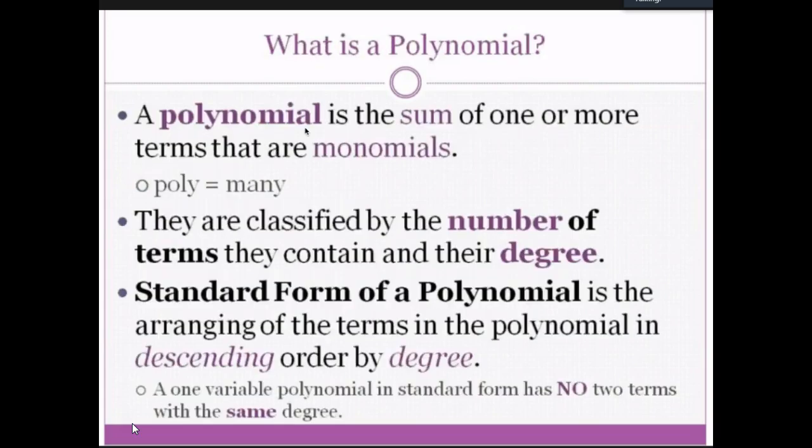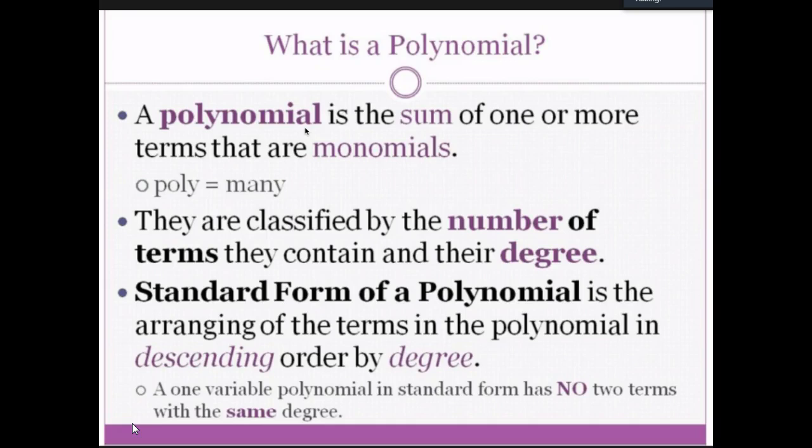A polynomial is thus the sum of one or more terms that are monomials, where poly means many. They are classified by the number of terms they contain and their degree.